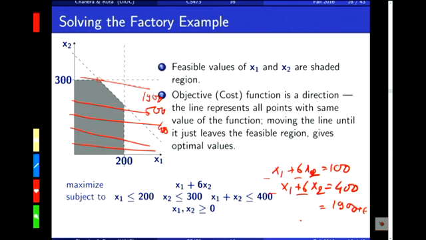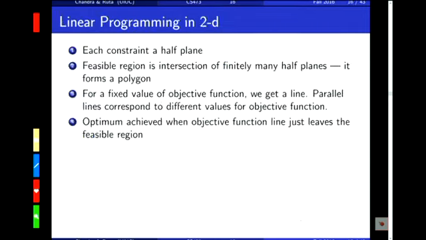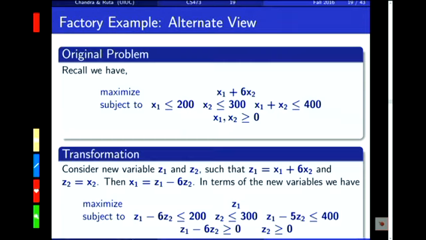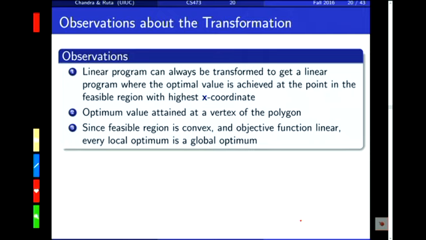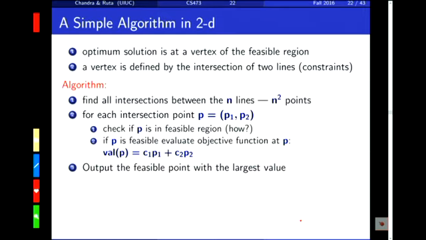But when you are doing a naive search, when you don't know which vertices are feasible and which are not, you have to check every possible intersection, which is n choose 2, so order n square. For every vertex you can check whether it's feasible and what its objective value is, and among all the feasible ones, pick the one which has the maximum objective value.